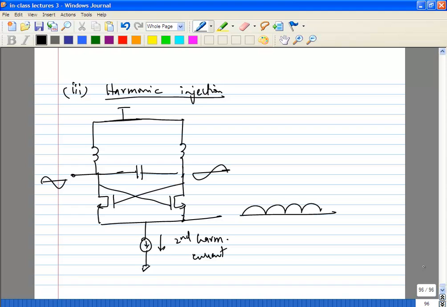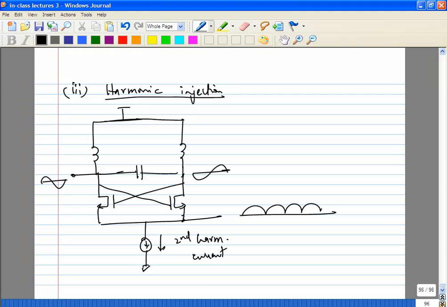You can exploit that, because if two oscillators are in quadrature, that means the second harmonics also have some phase relationship, because each one has a phase relationship with its own output.